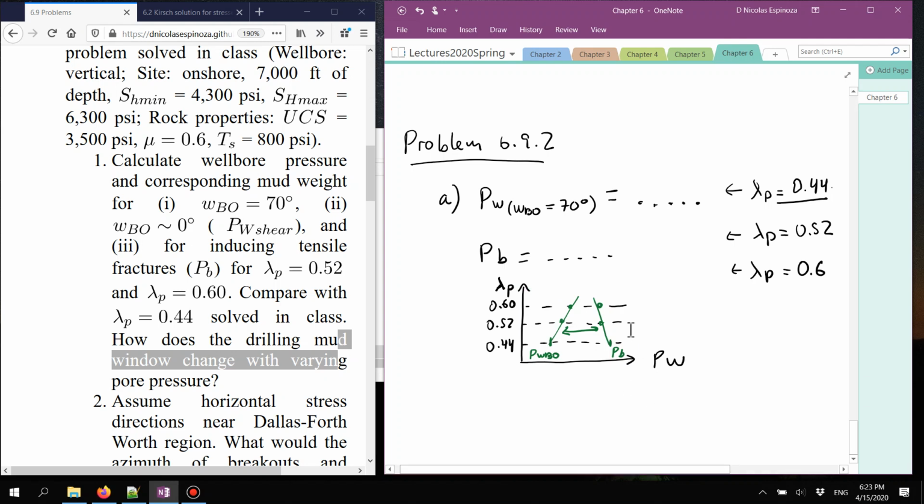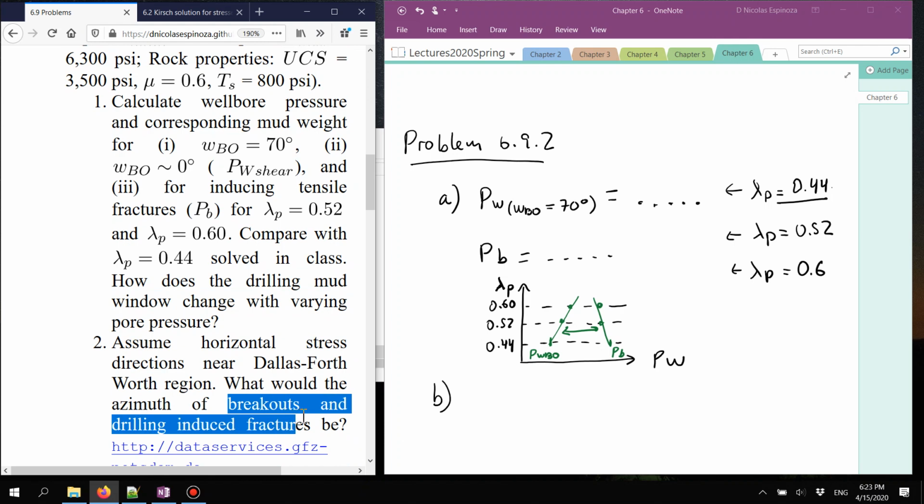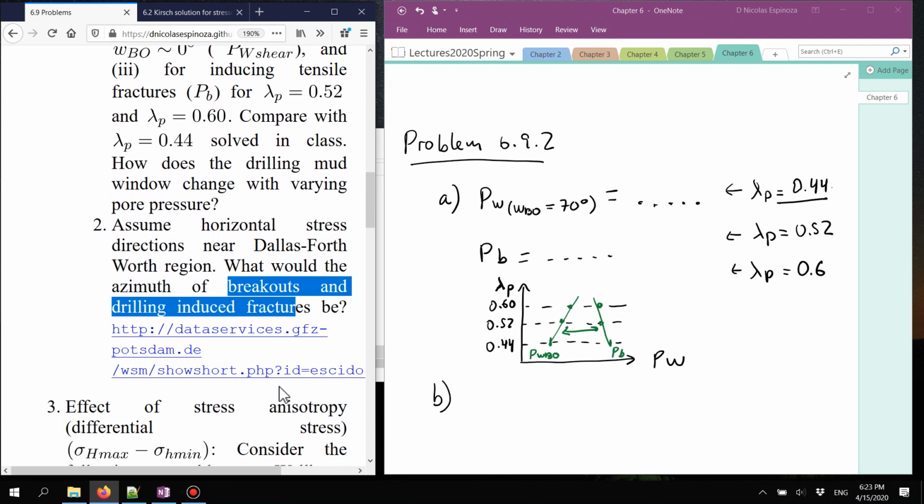And the second part of the problem is related to finding what would be the orientation of breakouts and drill-induced tensile fractures for a given state of stress. And in this case, we are taking this wellbore to the Dallas-Fort Worth region.